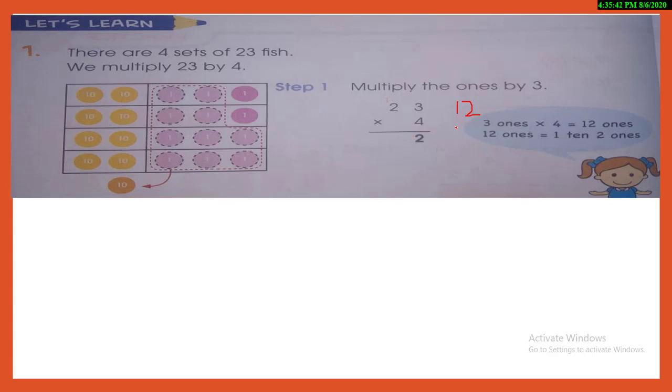So you will carry the tens place digit to the next digit, and 2 will come over here. This is the slight difference between regrouping and non-regrouping. The 2 will come over here and 1 will be carried.